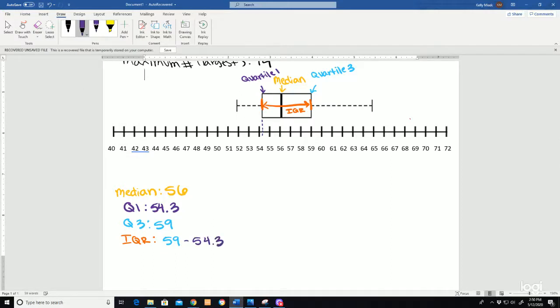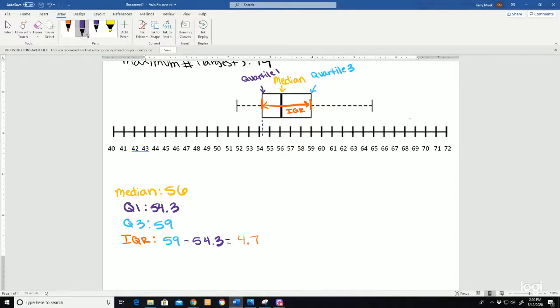So we have 59 minus 54 and 3/10. And when we solve that, we find out the IQR is actually going to be 4 and 7/10. So we can figure out the IQR.